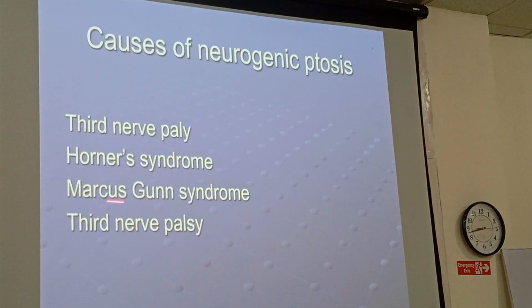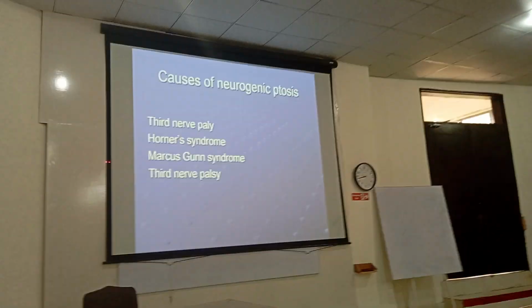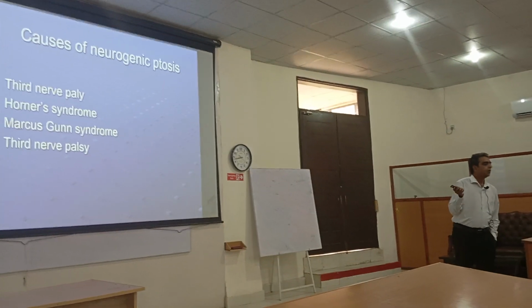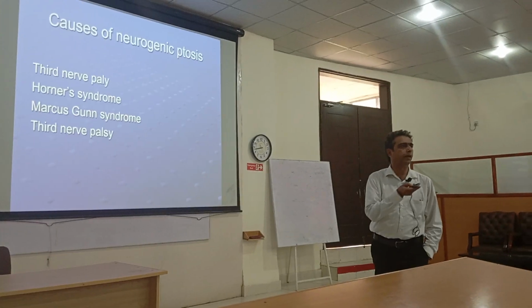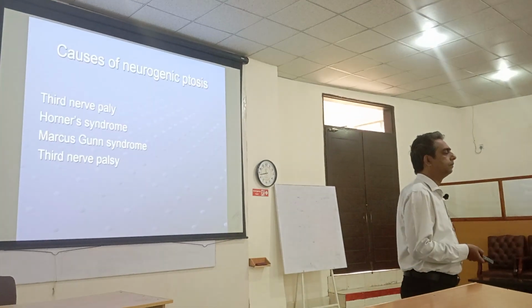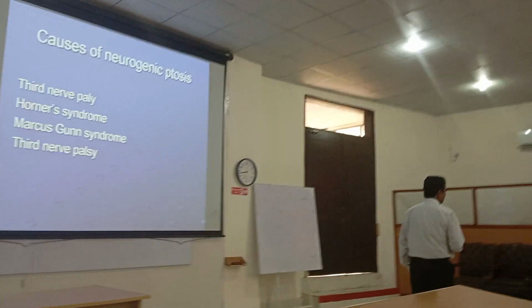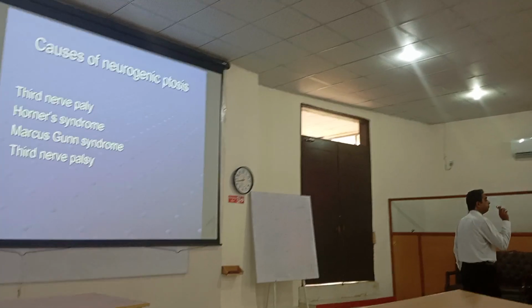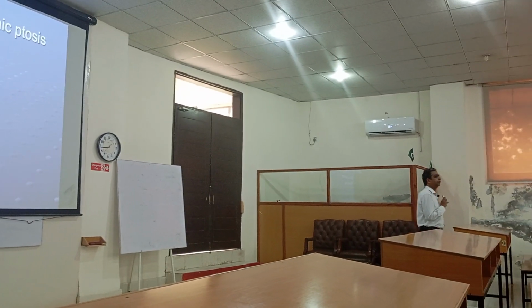Horner syndrome, you must be knowing of Horner syndrome. Horner syndrome is a neurological condition which is characterized by a couple of signs and symptoms. One is mild ptosis. Second is a miotic pupil.